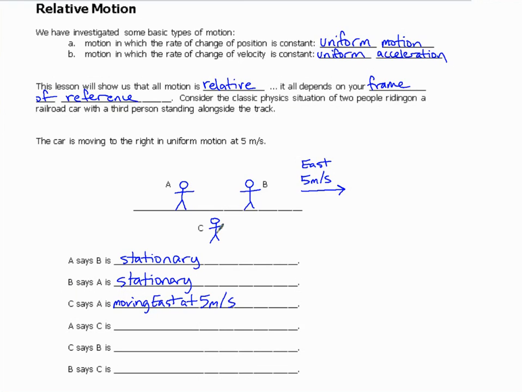Person A is looking back at person C. Person A says that C is moving west at 5 meters per second.